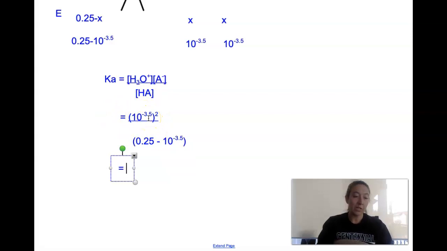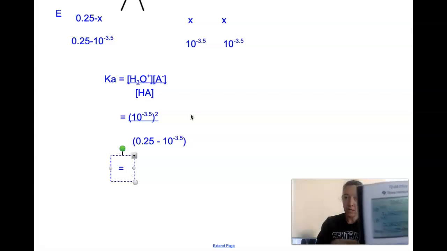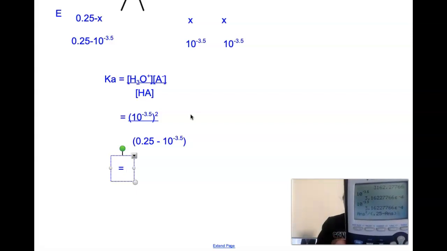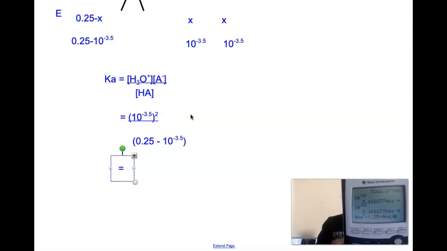So I do my answer squared, because it's 10 to the negative 3.5 squared, then I divide by, in brackets, 0.25 minus my answer.